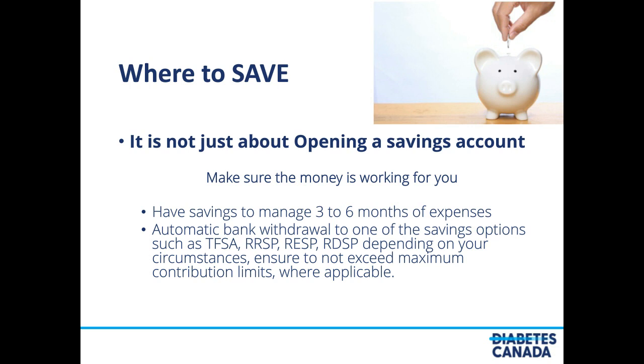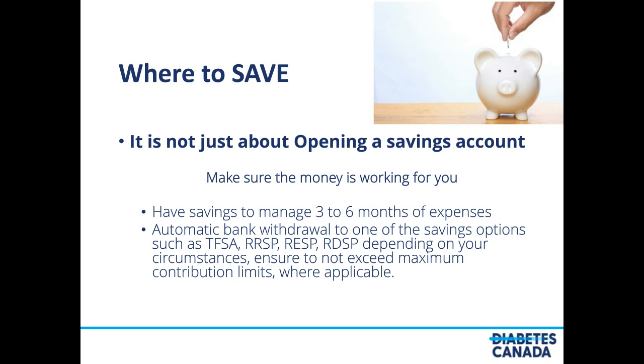The first savings account that you want to set up is a savings account that has your emergency money, I call it, just in case. Let's say, for example, all of a sudden you're out of a job, or you have an unexpected medical situation. So a minimum of 3 to 6 months of your budgeted expenses that you've been tracking, you can set aside into a savings account.